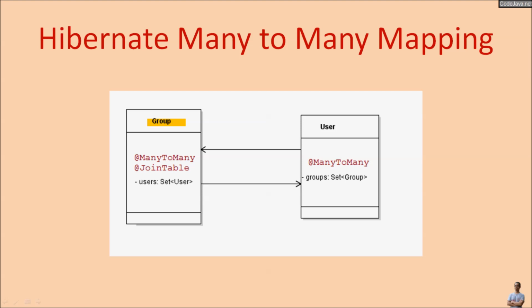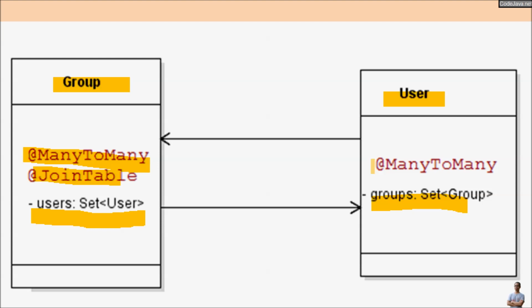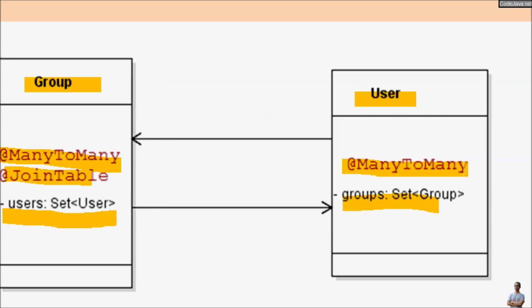For the group entity class, we must have a collection of user objects that refer to the user entity class, and vice versa. In the user entity class, we need to have a collection of group entity classes. And in one table, we use the annotation many-to-many and join table, and in the other entity class we need to use a many-to-many annotation.